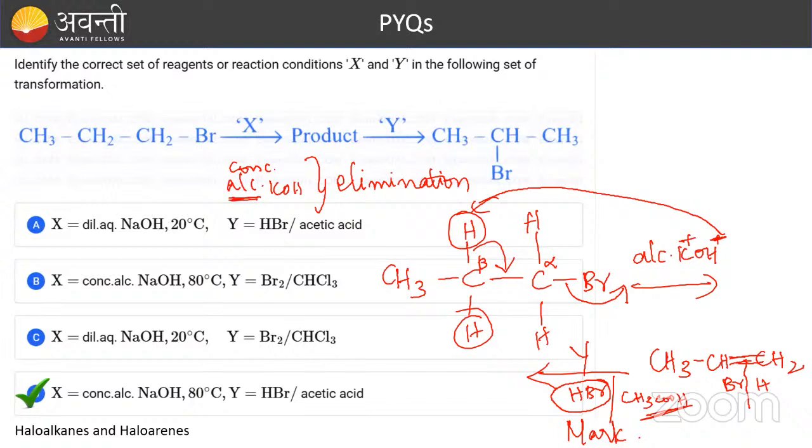This carbon has 2 hydrogens and this has only 1. So the negative part, Br minus, goes to the carbon with fewer hydrogens. From this we get CH3CHBrCH3, which is given as the final product. So X is alcoholic KOH and Y is HBr.